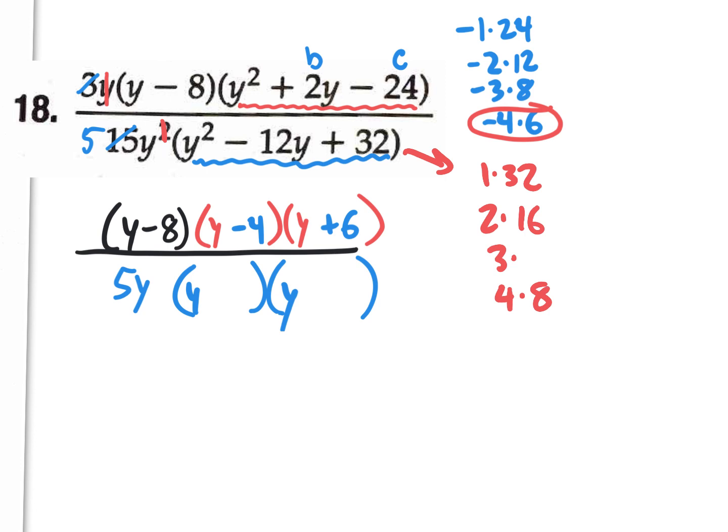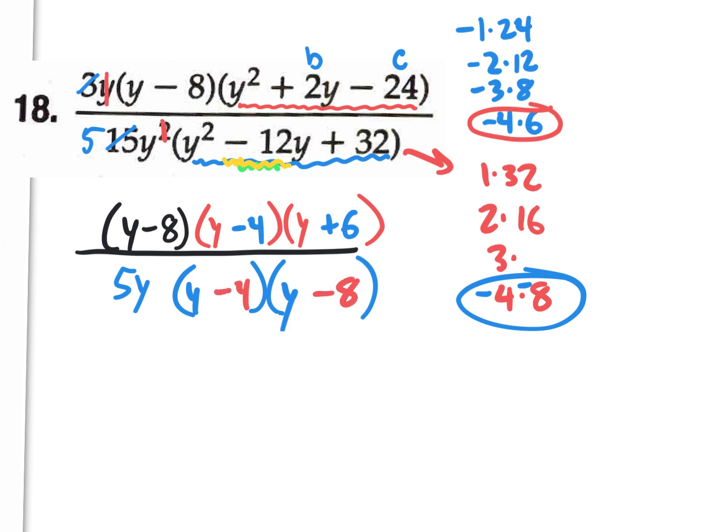That's it. There's only 3 possibilities here. So which pair of numbers combines together to give us the middle value negative 12? 4 and 8, right? 4 plus 8 is 12, but we want a negative 12, so we have the right numbers, just the wrong signs. So change that to a negative 4 and a negative 8. Plug in that negative 4, plug in that negative 8, and you're good to go.